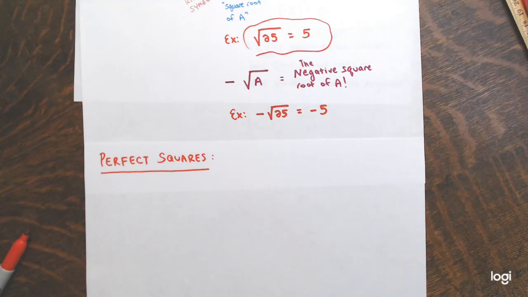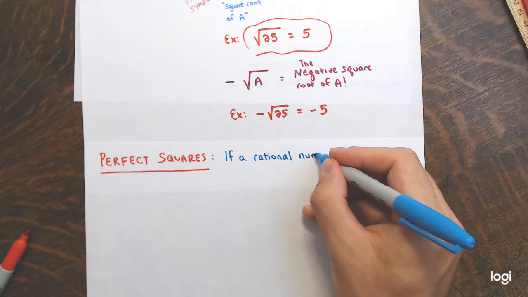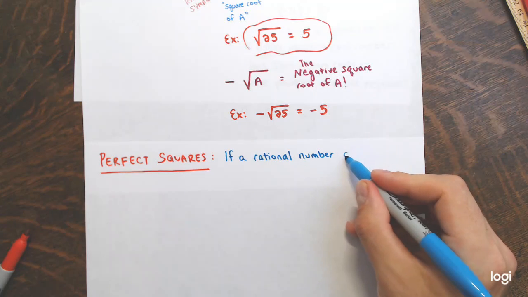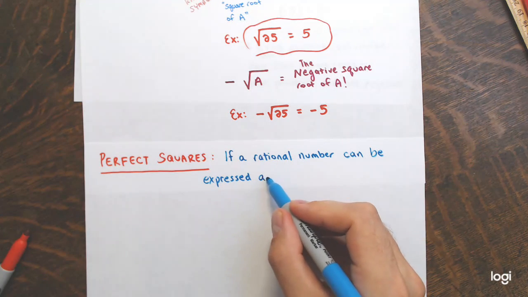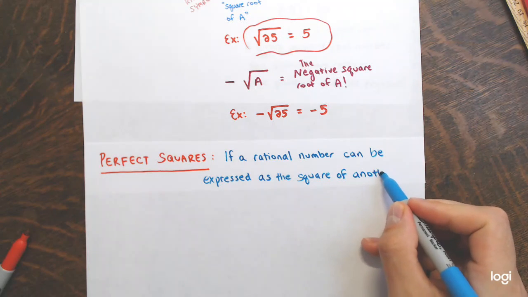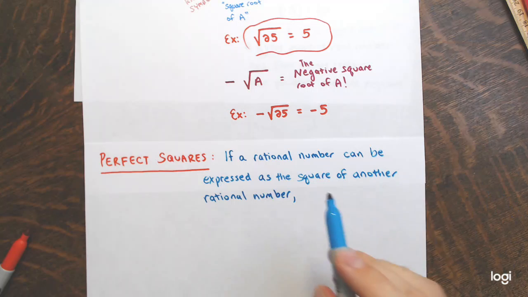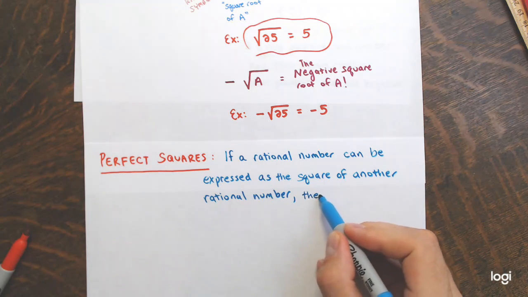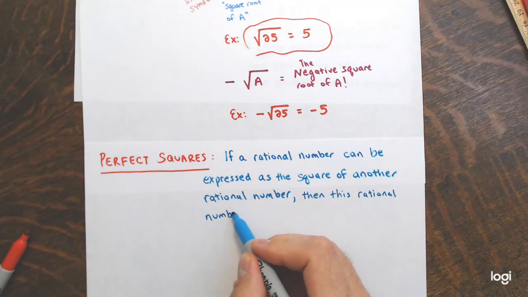Basically, if a rational number, something that can be written as a ratio of two integers, a fraction, can be expressed, or can be rewritten, as the square of another rational number, then that initial rational number we're talking about is what they call a perfect square.